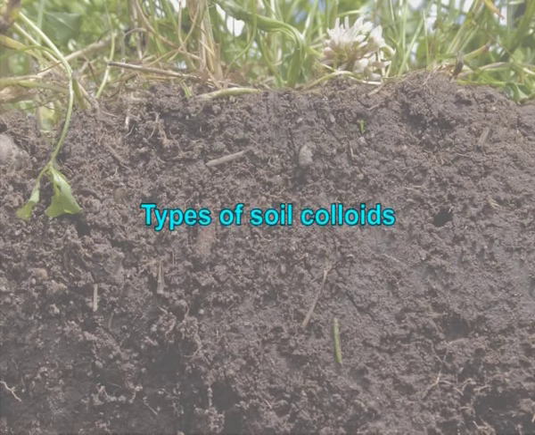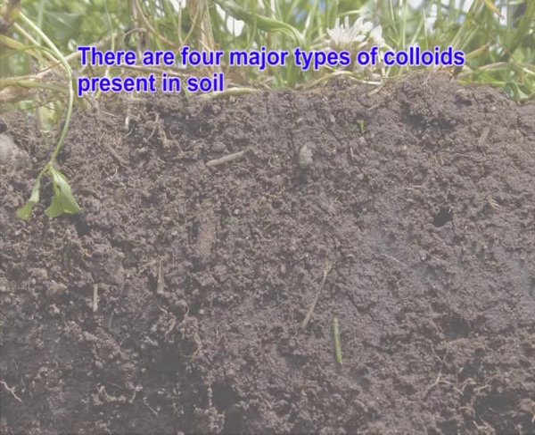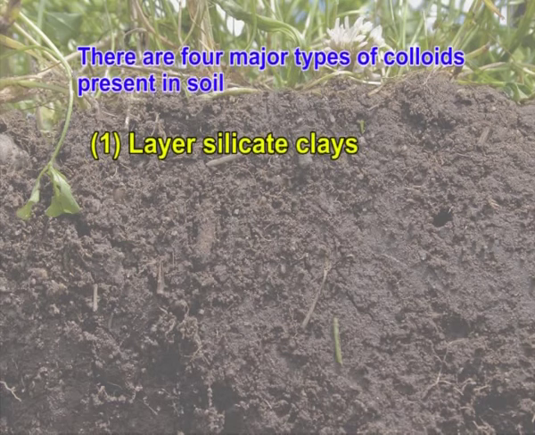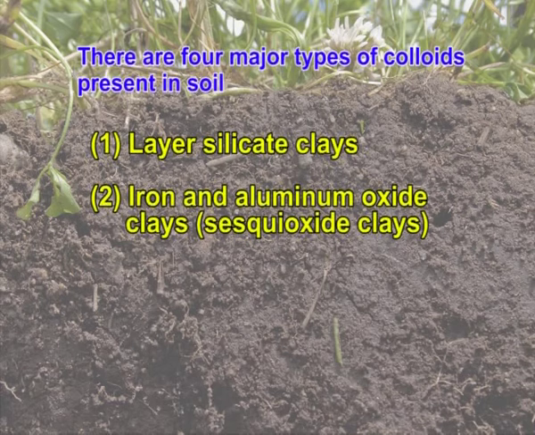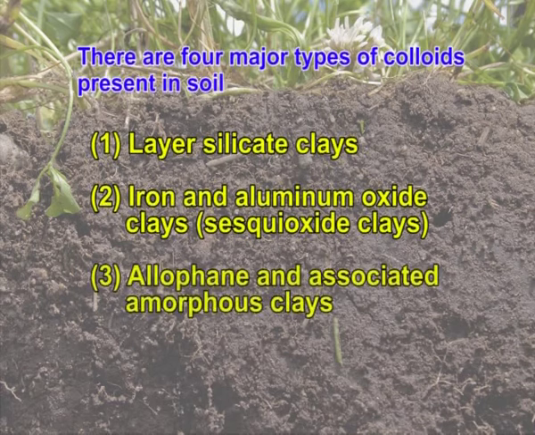Types of soil colloids. There are four major types of colloids present in soil. 1. Layer silicate clays. 2. Iron and aluminium oxide clays. 3. Allophane and associated amorphous clays. 4.